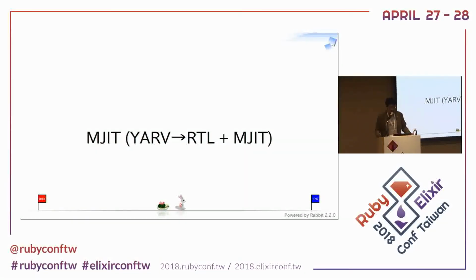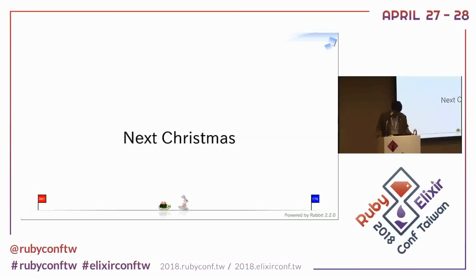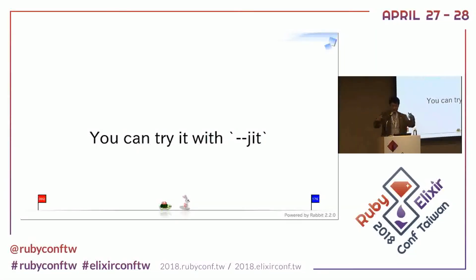Anyway, Takashi's version is already included in the trunk, so we will see the JIT compiler in Ruby 2.6, which will be released this Christmas. I mean, next Christmas. You can try it with --jit, by adding this option you can JIT your software.